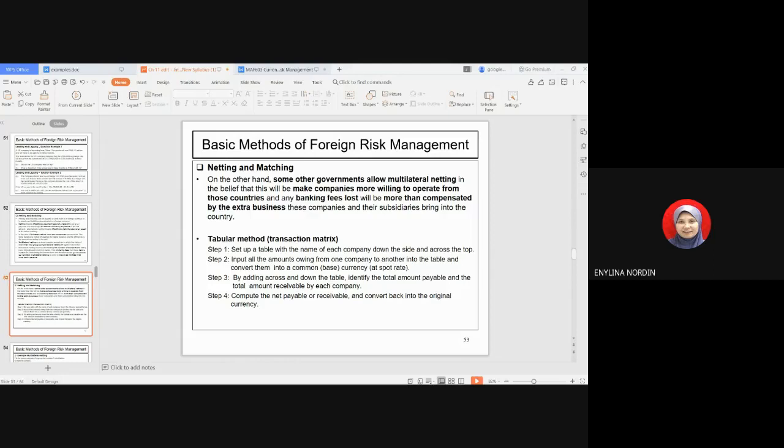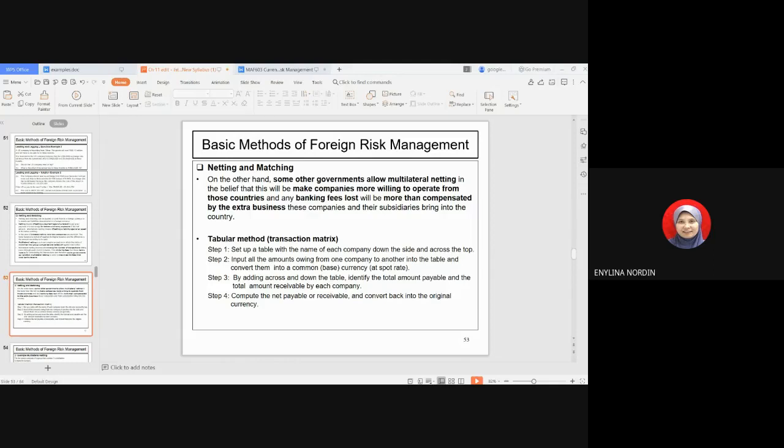We must be aware that it is not feasible if the transactions are separated by many months. For example, on the 1st November you receive 2 million US dollars from the export, but for the import you make the payment somewhere next year in March, let's say 15 March, to the US supplier.